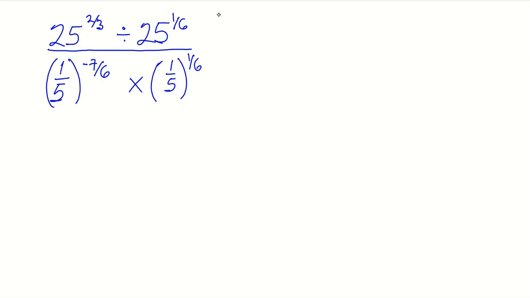Since 5 cannot be changed to a different base, we have to tackle the 25. We know 25 is the same as 5 times 5, and that is 5 exponent 2. So we can change 25 to 5 exponent 2, and we continue with our solution.